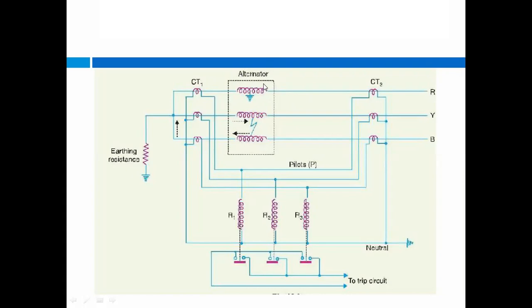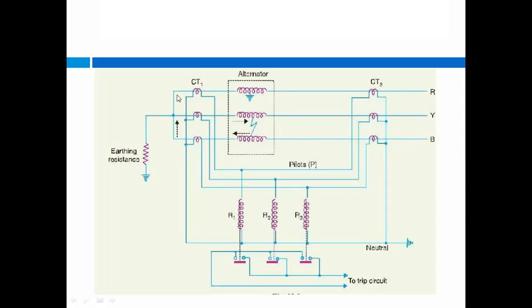Whatever the transmission line is on that side also, and to the windings also we are connecting current transformers, so that if there is any difference between the currents flowing through that phase, the difference will flow through the relay, so that your relay will operate.